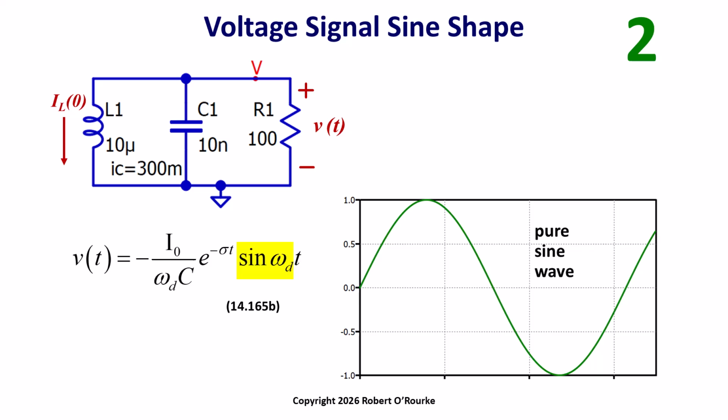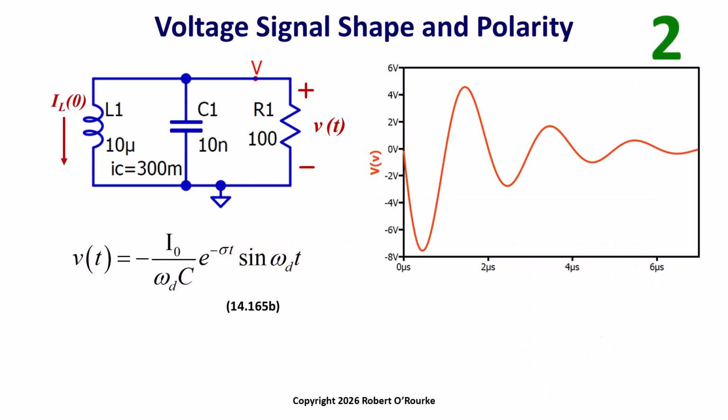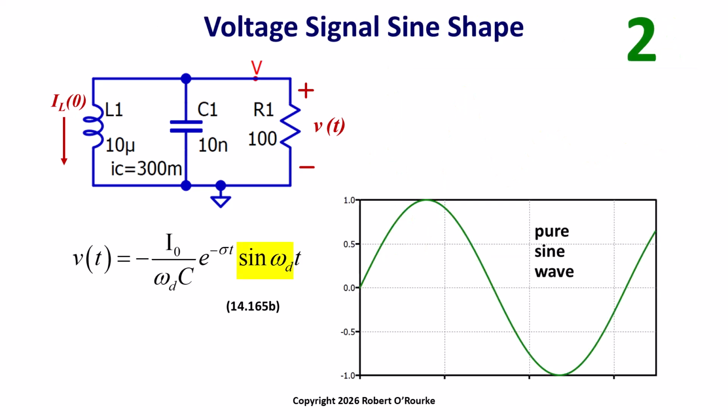But what polarity do we expect? Will the RLC voltage sine wave start out going up, like this graph of a pure sine wave? We expect a voltage signal that looks like a damped sinusoid starting at 0, like a pure sine wave equals 0 at time 0.